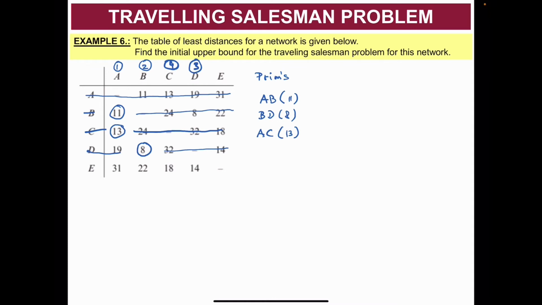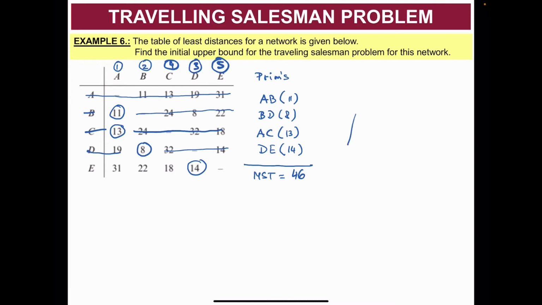So for the last one, the smallest one is 14 in this case. So that's E, and that's DE, that is 14. So the minimum spanning tree weight would be 27, 35, 46.